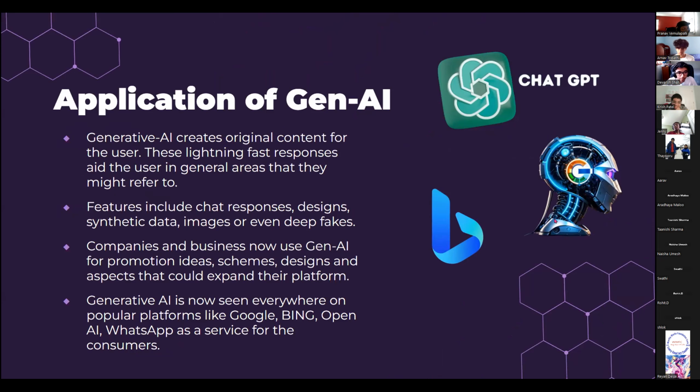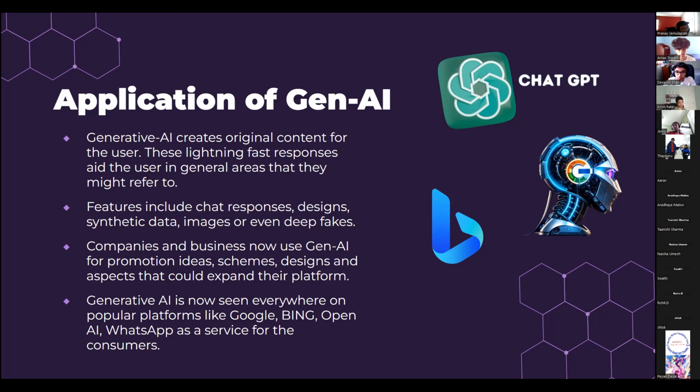These create lightning fast responses, and it's a nice user interface where the user can input whatever information that they need, and it's very easy to use, and it replies back with all the information and broadens up that topic. Different features like chat responses, designs, synthetic data, images, and deepfakes. So we know that it has basic chat responses.